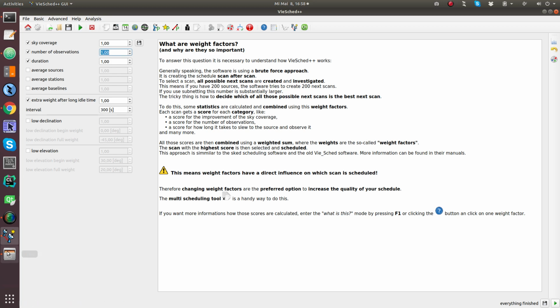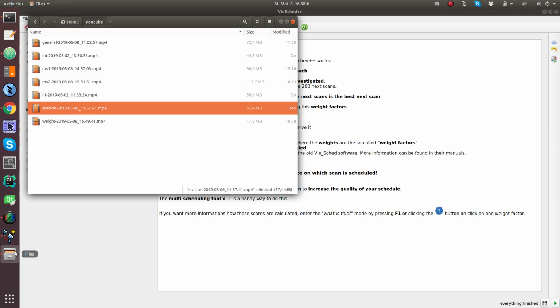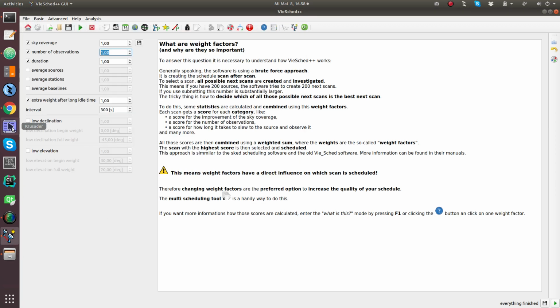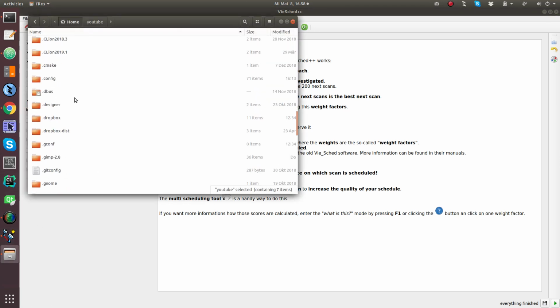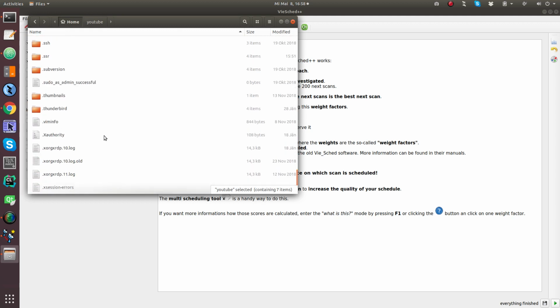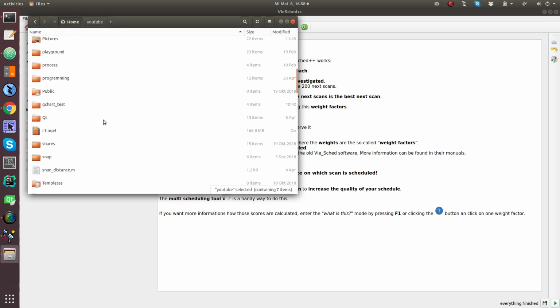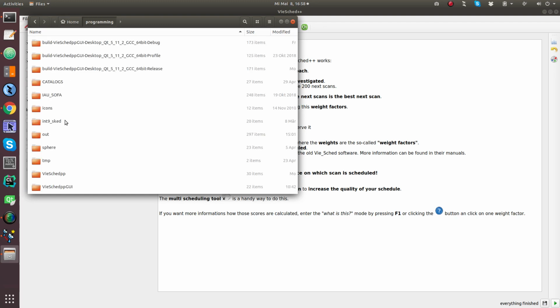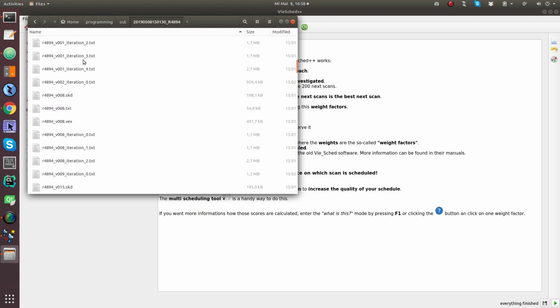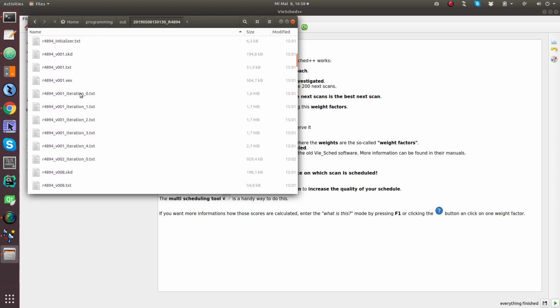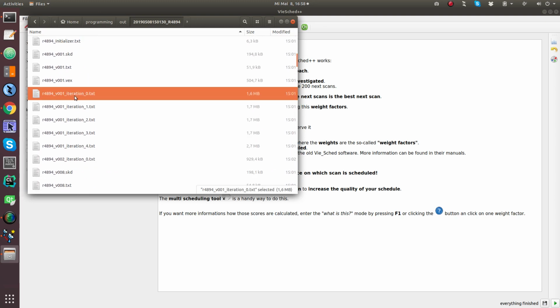Yeah, and I also want to show you this as an example. So for example, if I go to my VieSched++ output, in my case programming out, I just pick any of the sessions, and then you can also see this in the log files here.